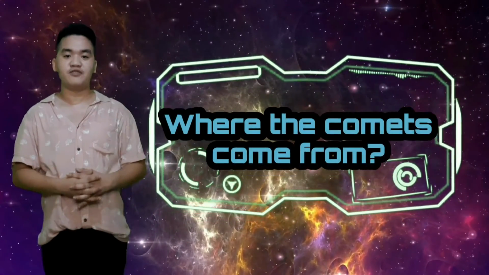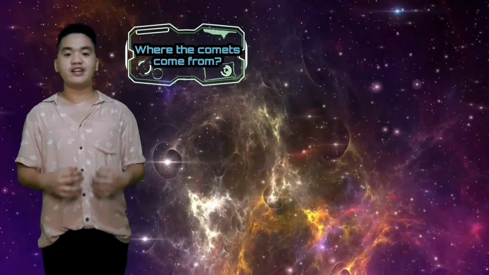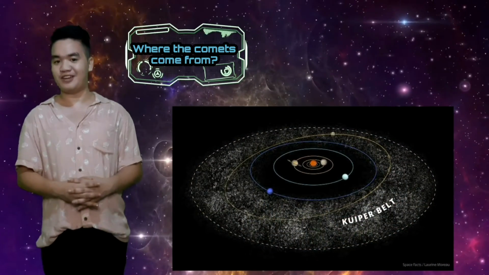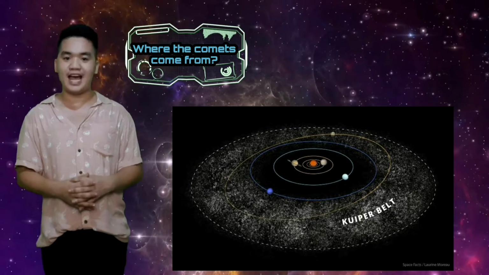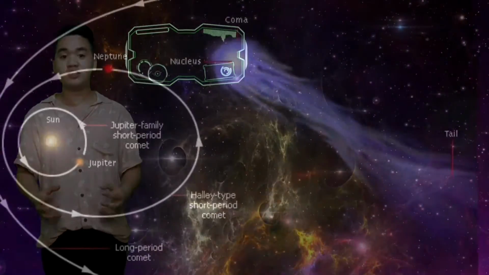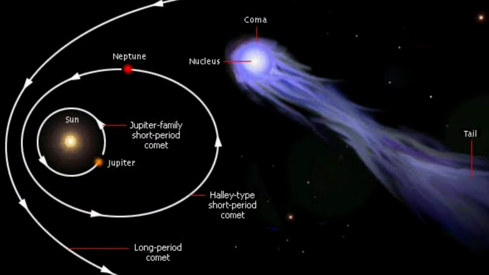Where did the comets come from? Most comets are found at the outer edge of the solar system, beyond the orbit of Pluto in a region called the Kuiper belt. Comets are occasionally pushed by gravity into new orbits, bringing them closer to the sun, and are called short-period comets, as it takes less than 200 years to orbit the sun.